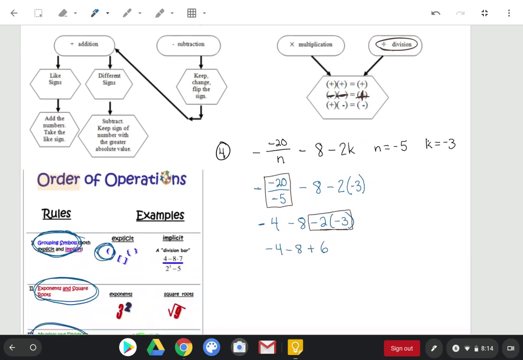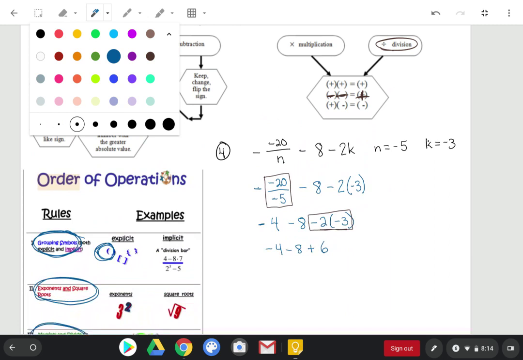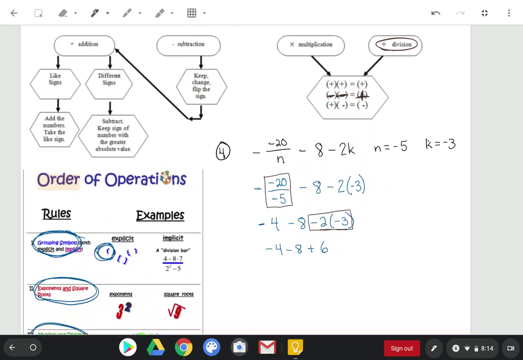So the first thing that I need to look at is negative 4 minus negative 8. So we're going to have to use our integer rules. If we are going to subtract, remember the rule is to keep, change, also called add the opposite.